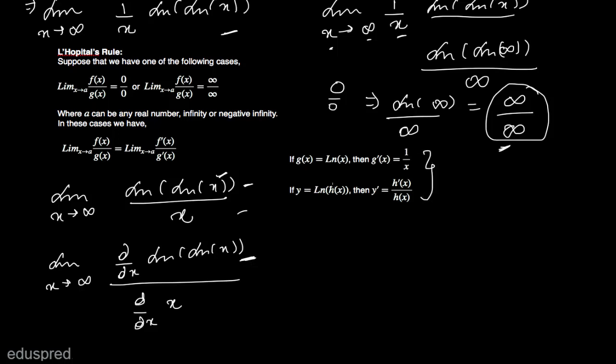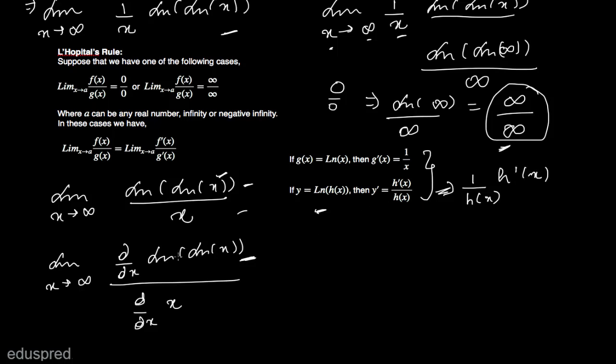According to the first rule, the differentiation of ln x is 1 by x, and the second rule is the chain rule, which says that if y is equal to ln of h(x), then y prime is equal to h prime x divided by h(x). That is, you first take the differentiation of log, which is 1 by its input. Here your input is h(x), that's why in the denominator you have h(x). And then you take the differentiation of your input, that would be h prime x.